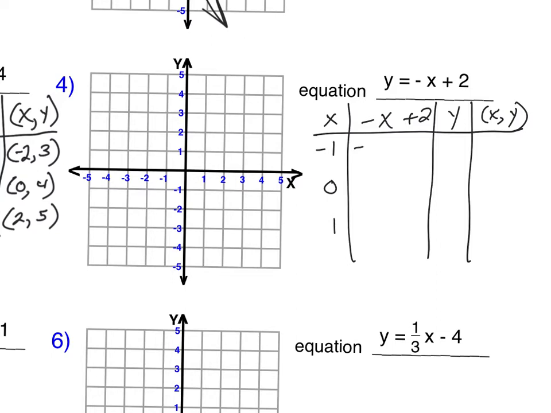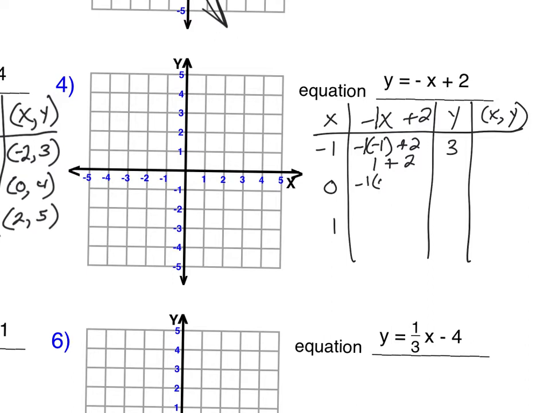Well, the opposite of negative 1. So I can't just leave one negative sign in there. This is literally saying negative 1 times x. So I've got a negative 1 out in front. Well, negative times negative is positive, and that gives me 3. Plug in 0.